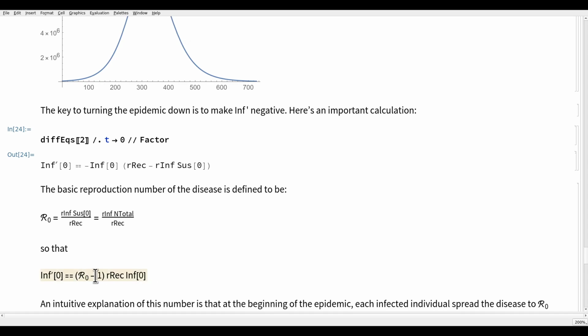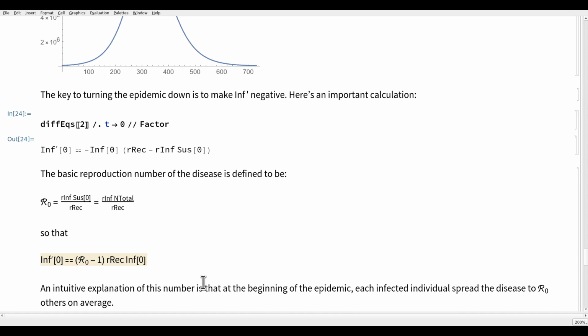If we can make this number negative, then inf will actually decrease. The number of infections will decrease, and the epidemic will die out. However, if r0 is greater than 1, then initially the number of infected individuals will grow because the derivative of inf is positive, and that's what leads to a peak in the epidemic.